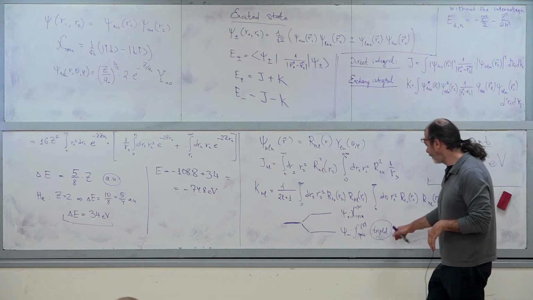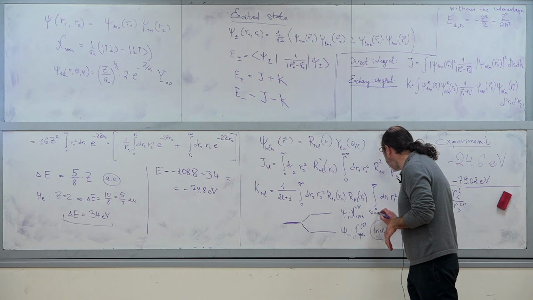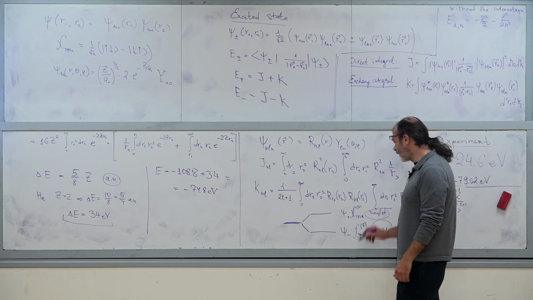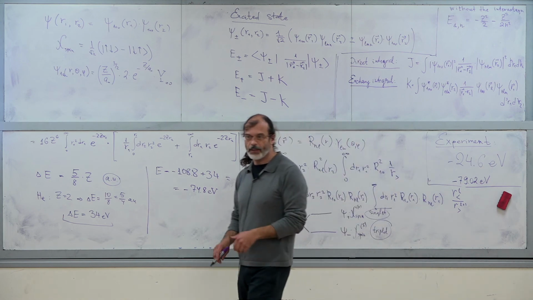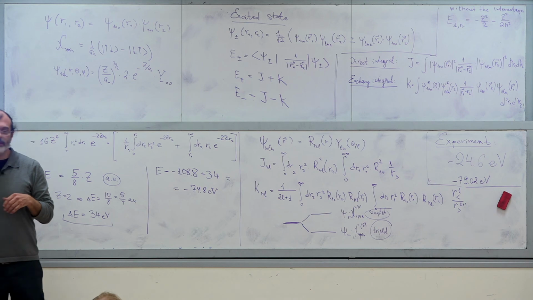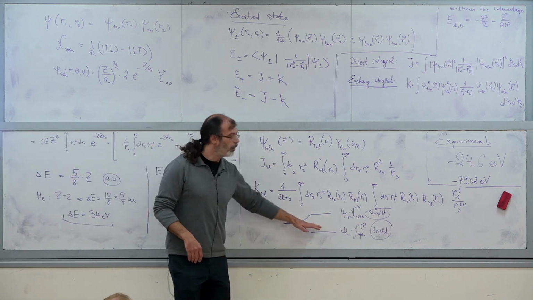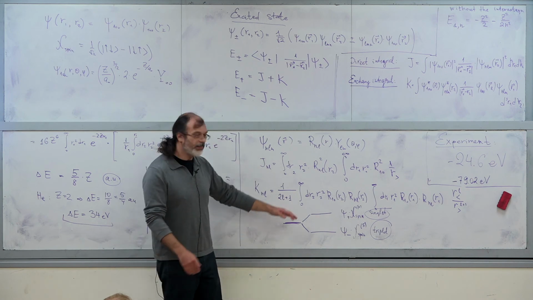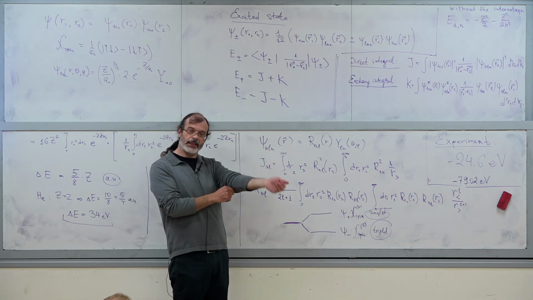That's the triplet state, and this is the singlet state. You see that the singlet state is higher in energy than the triplet state. So the triplet state is lower in energy than the singlet state.